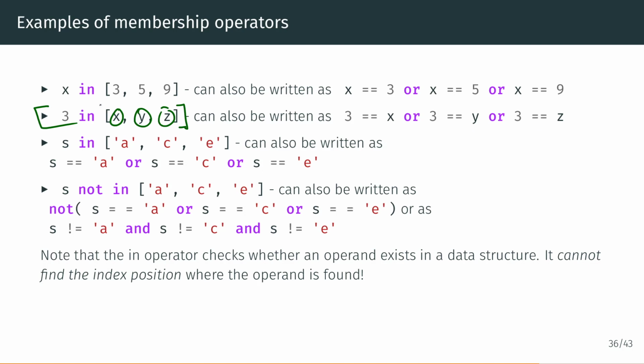This evaluates to true if either x or y or z is 3, and if none of these variables have 3 in them, this whole expression evaluates to false. So you normally use this expression together with an if statement.